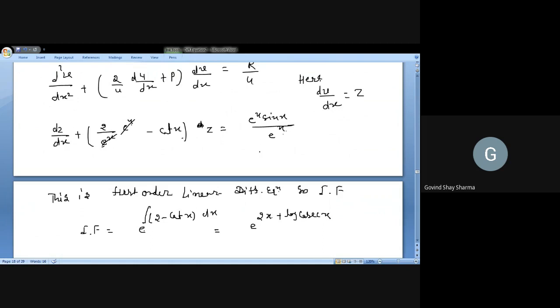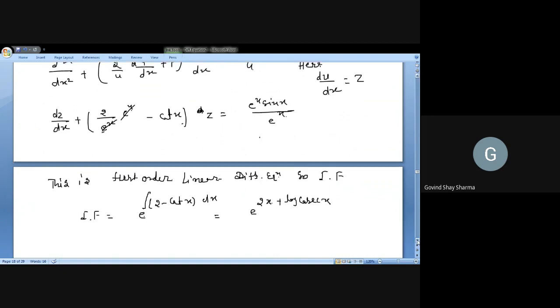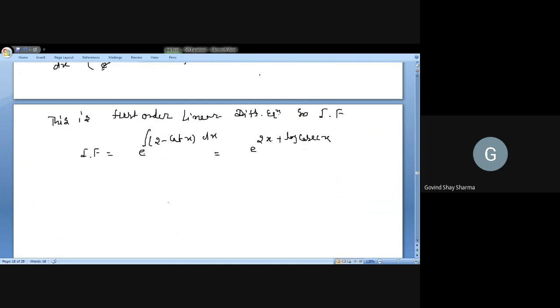So integral becomes 2x and cot x becomes minus log sin x. So it is 2x minus log sin x, and this will become e to power 2x upon sin x.